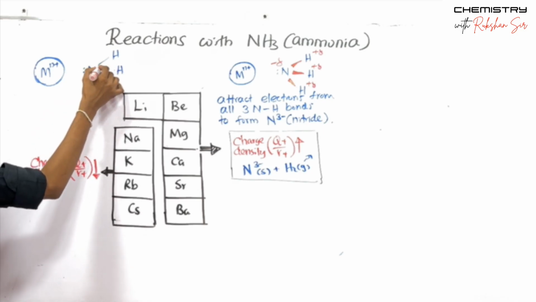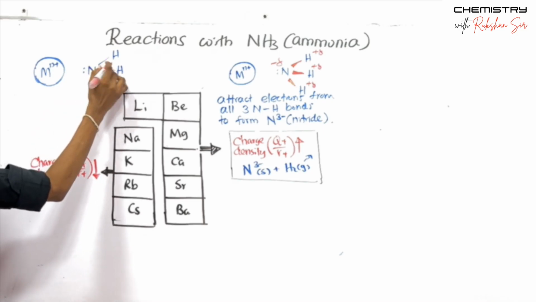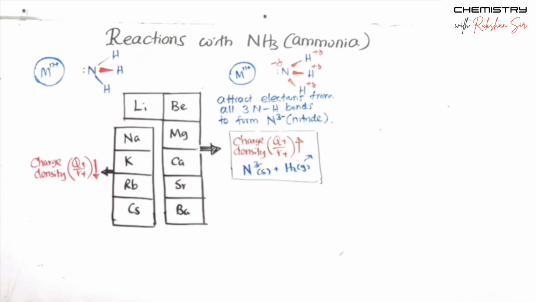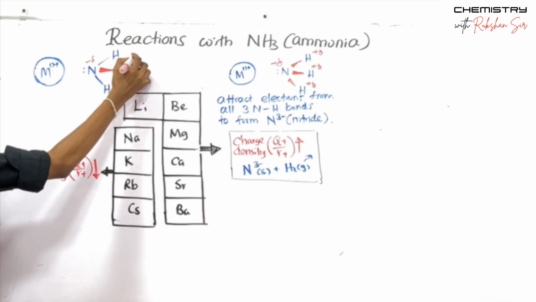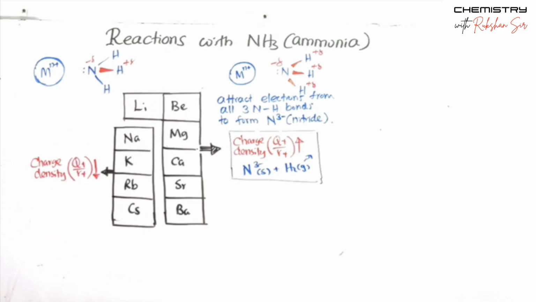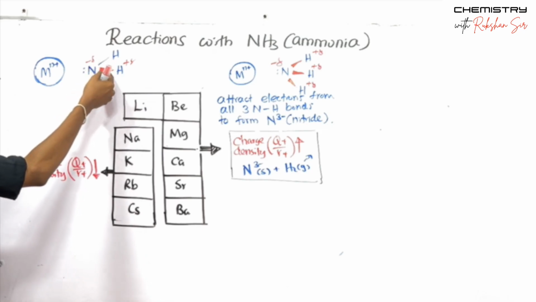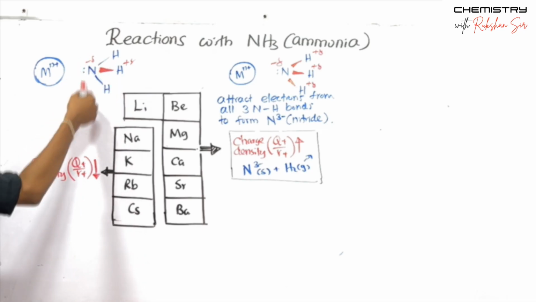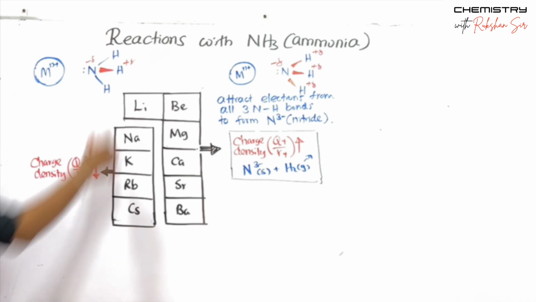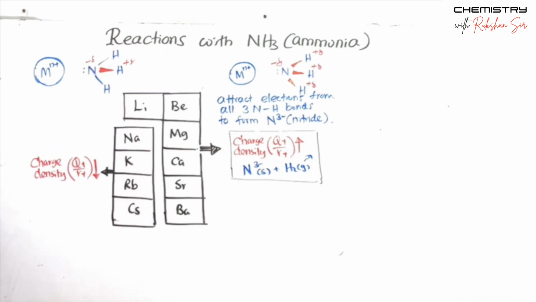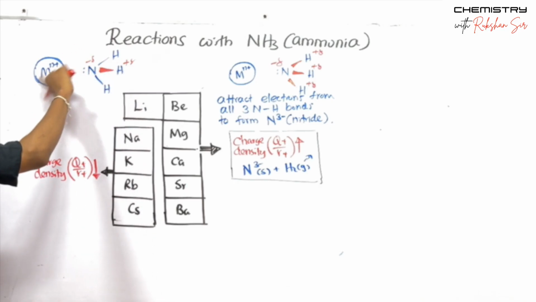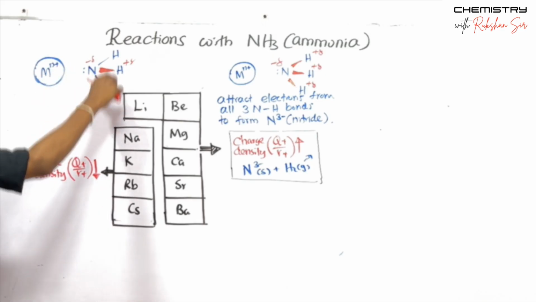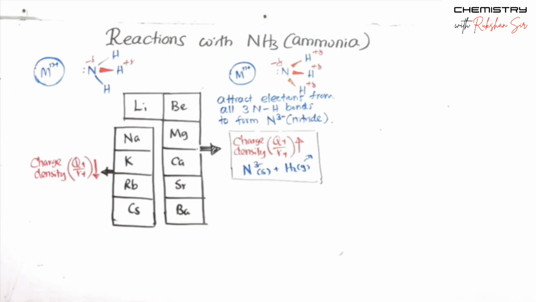So they will attract only one pair from these three NH bonds, so only one electron from these hydrogens will come towards nitrogen and form the NH2 minus, and H plus will be released as that happens. That H plus will grab the electrons released from the metal when forming the metal cation and be produced as H2, right?